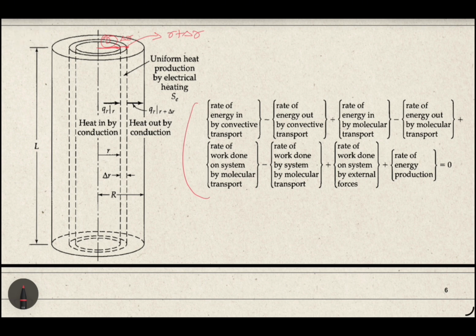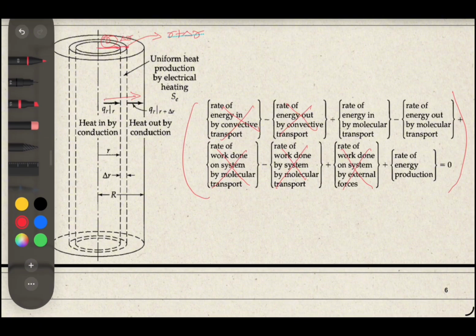Here we are only considering molecular transport, that is, heat is only transferred through conduction, because there is no way for convection here, as it's all solid. So this term will cancel out. There is no work done on the system by molecular transport, and no external work done by any external sources, so these also go.